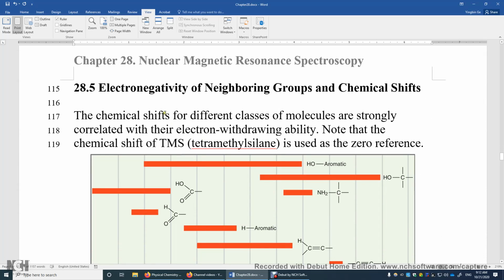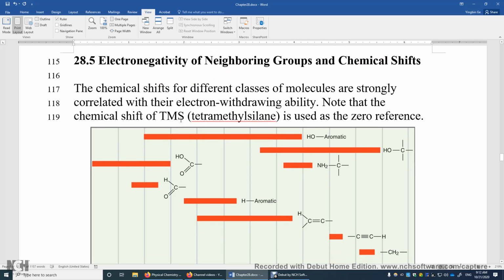Section 28.5, electronegativity of neighboring groups and chemical shifts. This is pretty easy. If you have electronegative functional groups bonded to your CH2 or CH3 groups, those electron withdrawing functional groups will reduce the electron density around those hydrogen nuclei.